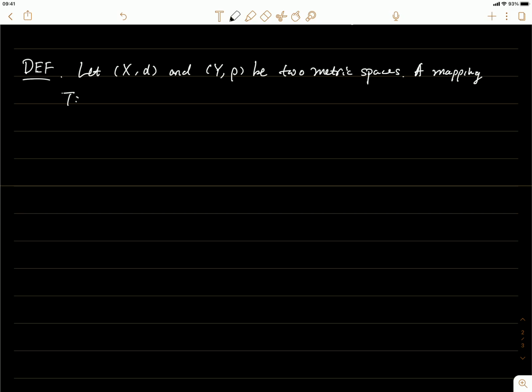A mapping T from X to Y is called continuous, which means that it's continuous over the entire X, if for any x and any epsilon, there exists, maybe let's just say this: if I know that a sequence converges to x, then I would say this.